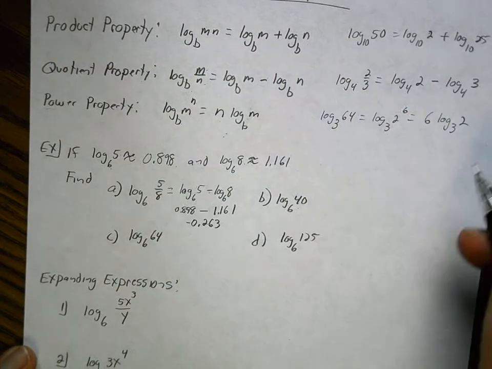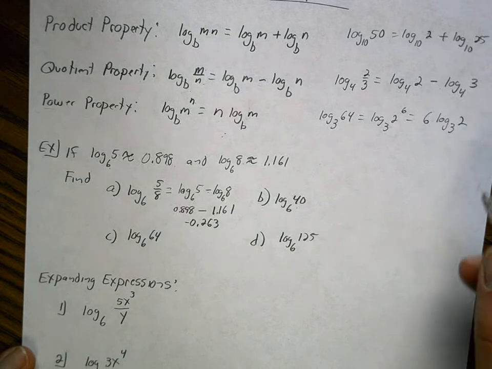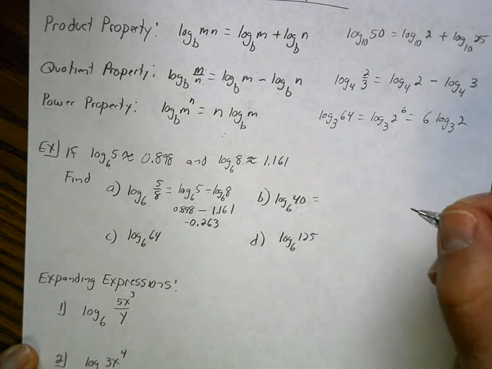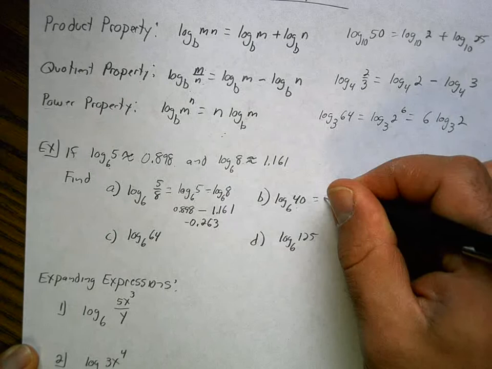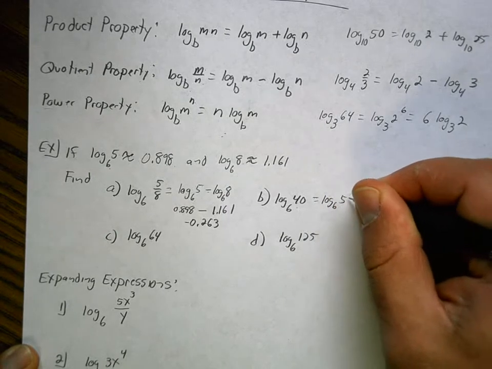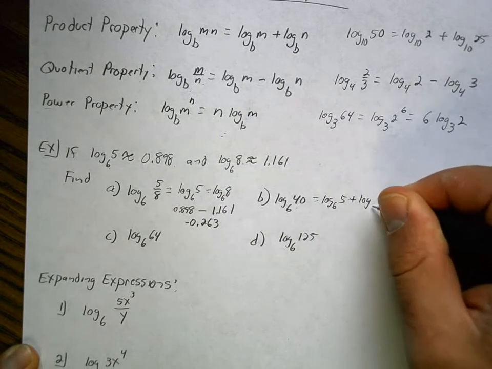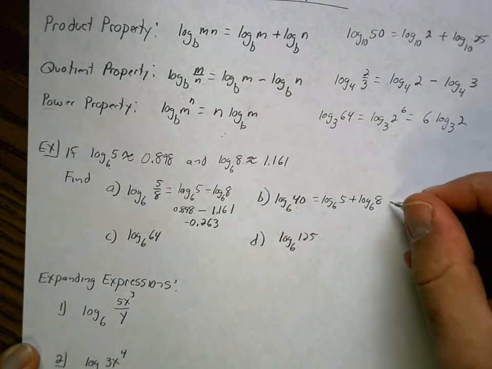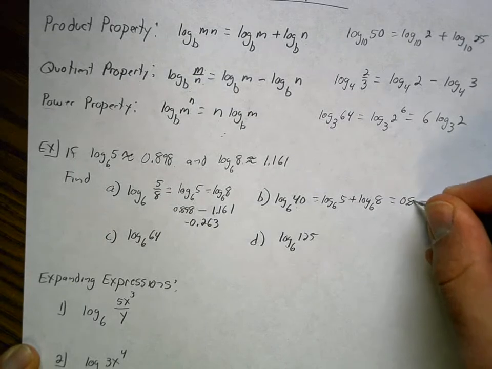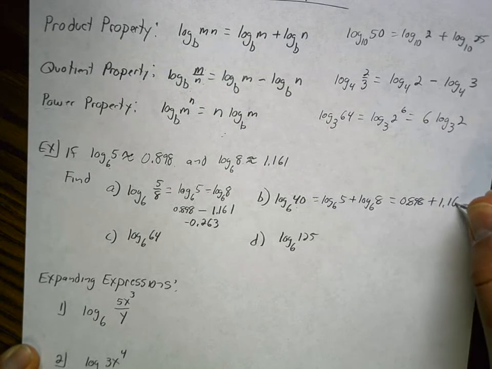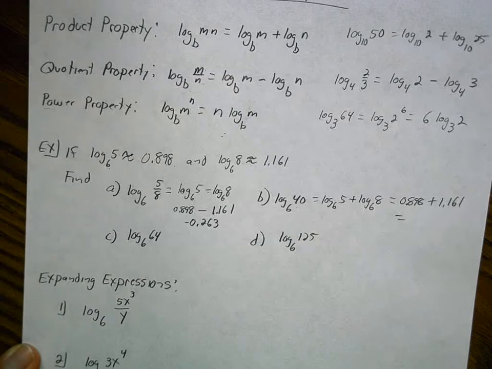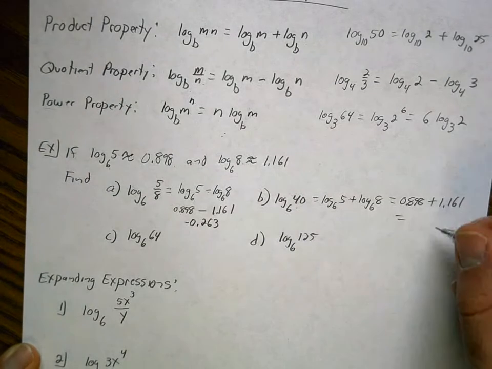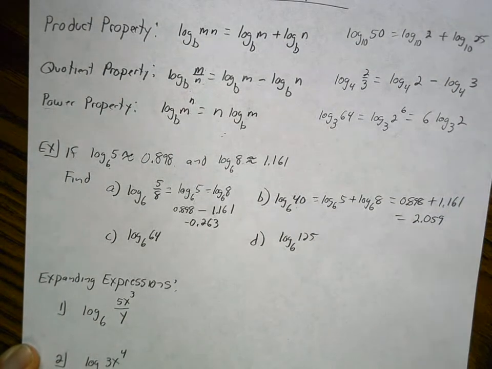If I know these, I can figure out how I'm going to get 40 from 5 and 8. Well, 8 times 5 is 40, so this is going to be the log base 6 of 5 plus log base 6 of 8. So I can add those, 0.898 plus 1.161, and I'm going to get 2.059 on that one.